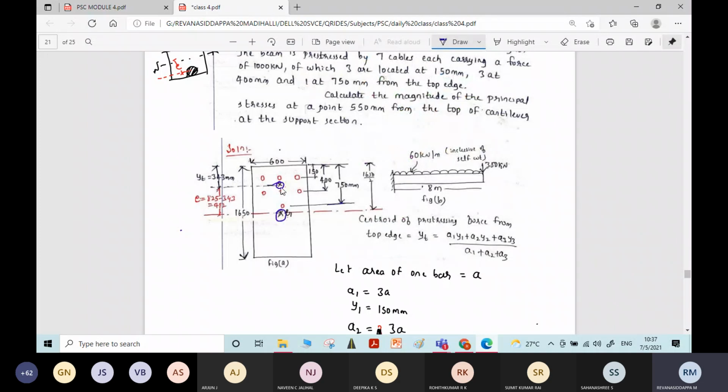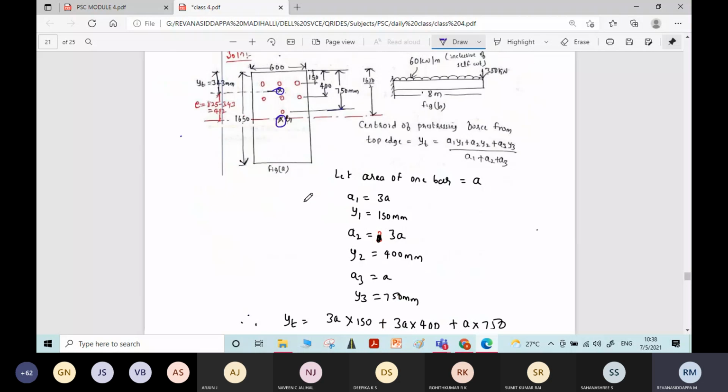This distance. The centroid of the whole section is total depth divided by 2. Total depth is 1650 divided by 2, which is 825, minus 343. If you do that, you will get the required eccentricity.